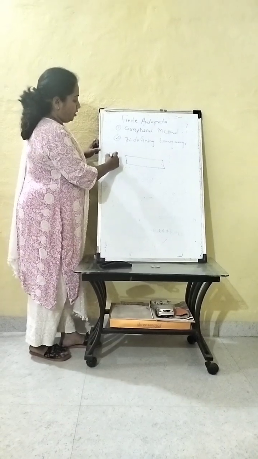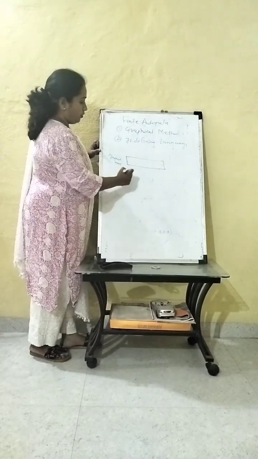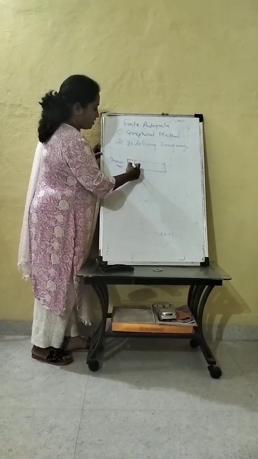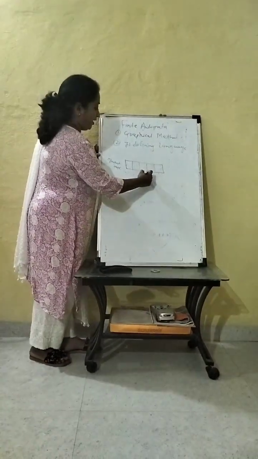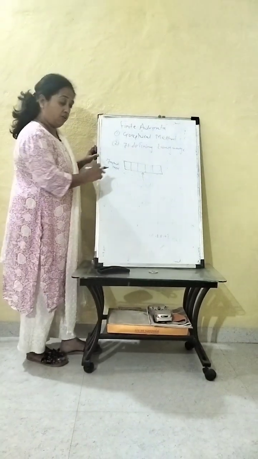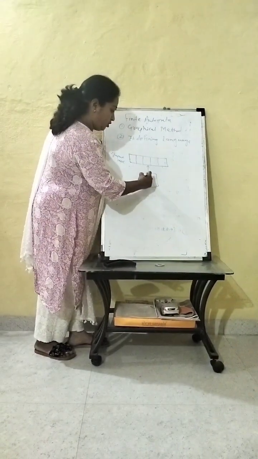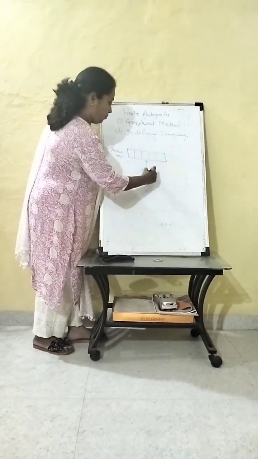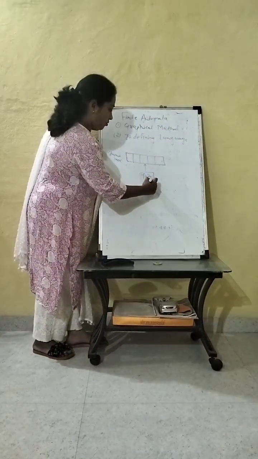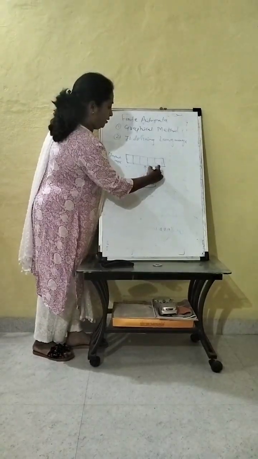We can say it is like an input tape, which will accept one letter or one alphabet at a time. And there is a finite control, which is a tape reader.